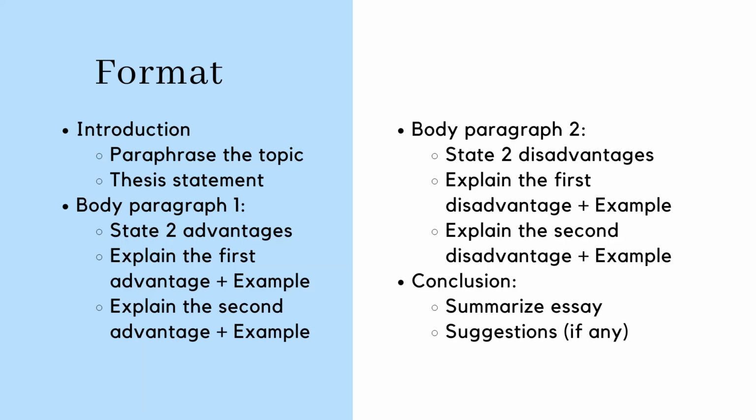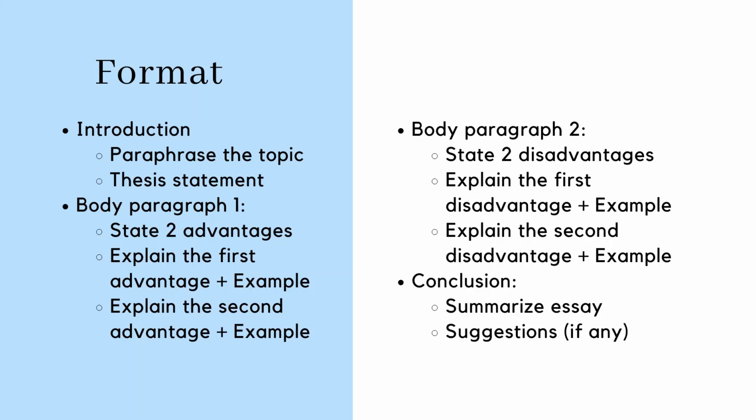The thesis statement means the purpose of your essay, or the sentence which tells the examiner what your essay is about. After writing the thesis statement, you leave one line and then you start writing the body paragraph. In body paragraphs, you state the topic, then explain it with an example.